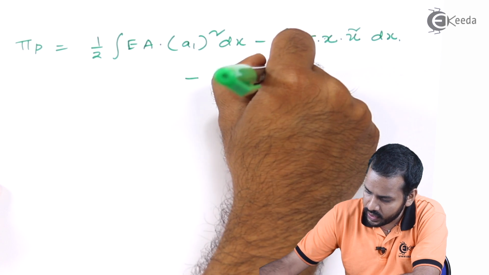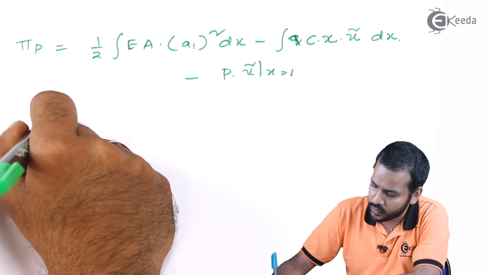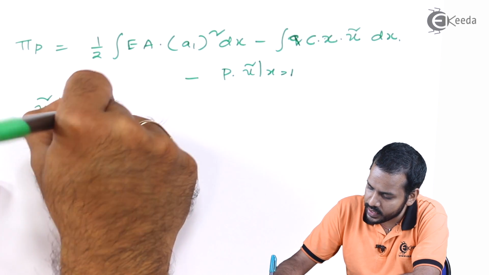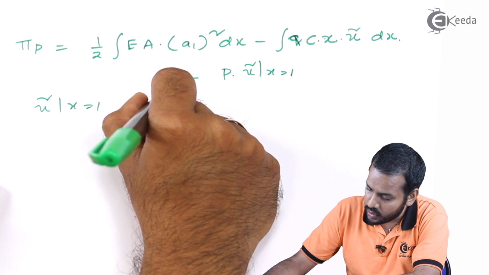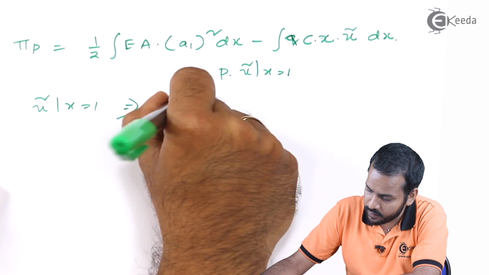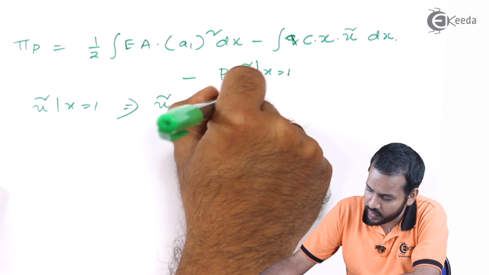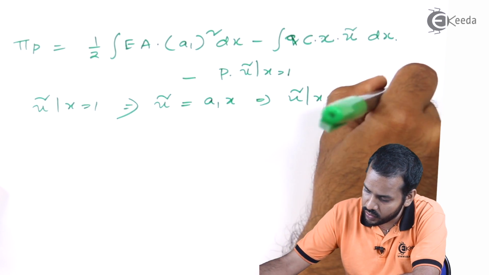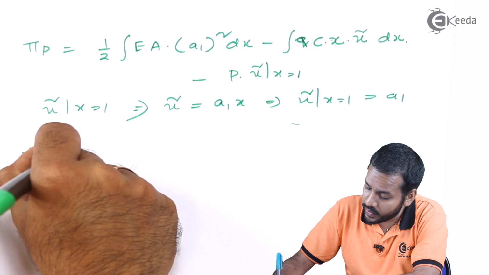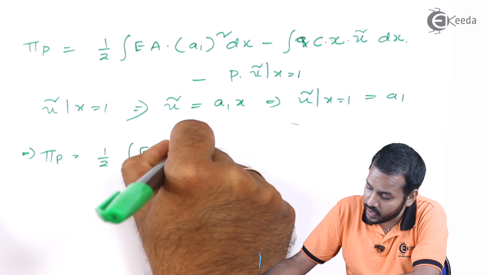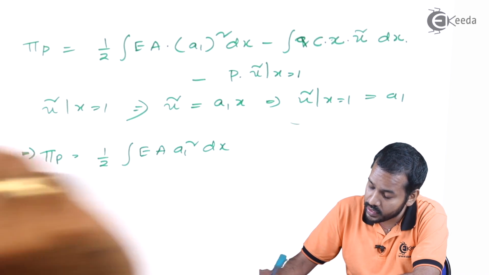Minus P into u tilde at x equal to 1. Okay, so now what is this u tilde at x equal to 1? u tilde is equal to a1x, that implies u tilde at x equal to 1 is equal to a1. That implies pi p equal to half integral EA a1 square dx.